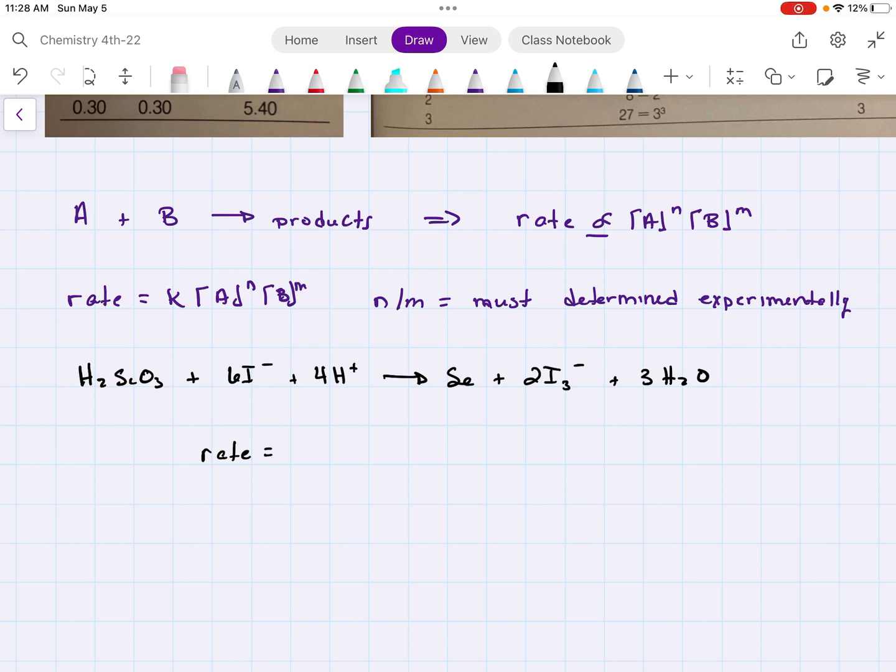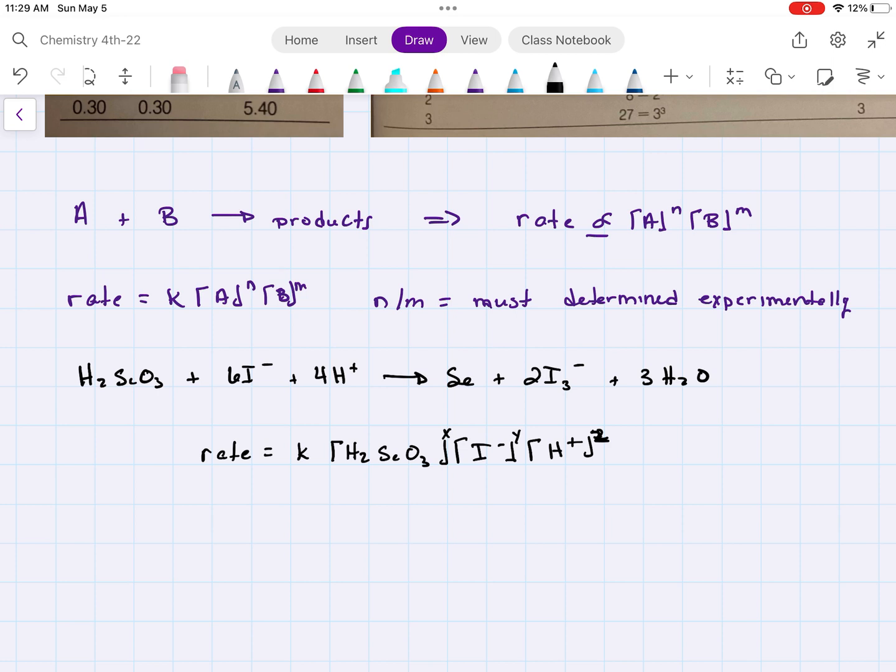The rate is equal to the rate constant times the molar concentration of the selenous acid, H2SeO3, raised to the power of x. And then we're going to have iodide, and then finally hydrogen. This is going to be to the y, and this is going to be to the z.